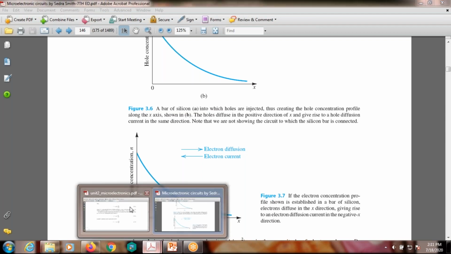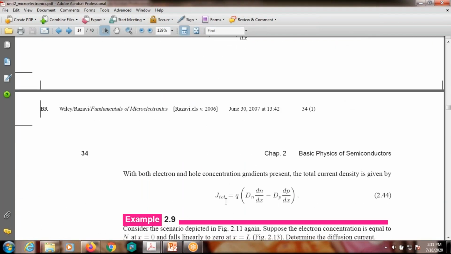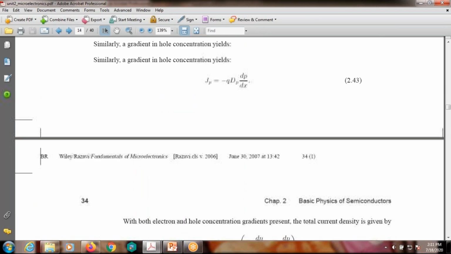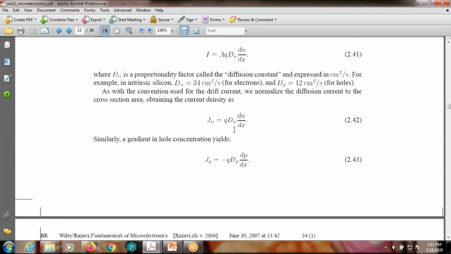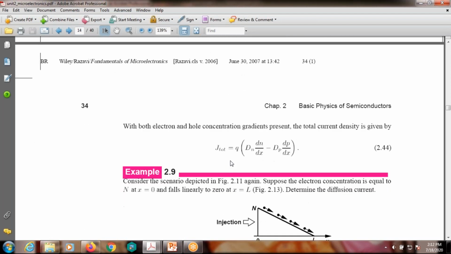The total diffusion current is the sum of these two: the diffusion current due to electrons and the diffusion current due to holes. So q D_N dN by dx minus q D_P dP by dx, with the negative sign only for holes. Taking q common, the total diffusion current is q times D_N dN by dx minus D_P dP by dx. Like that you can find the total diffusion current.